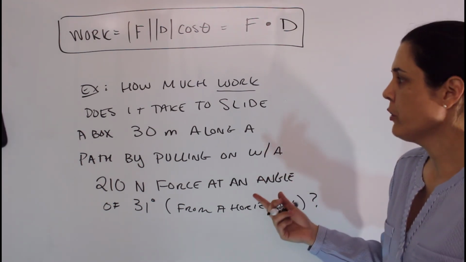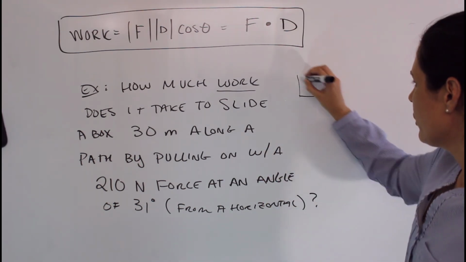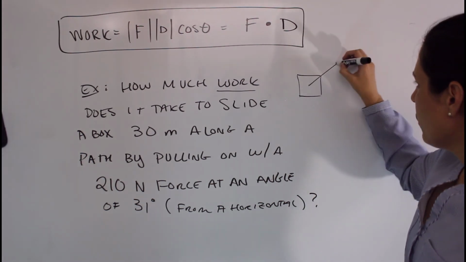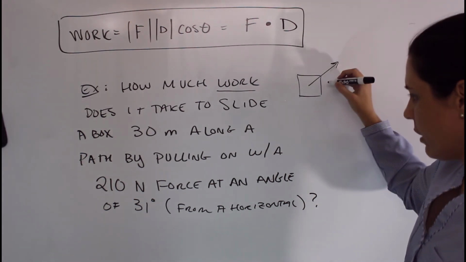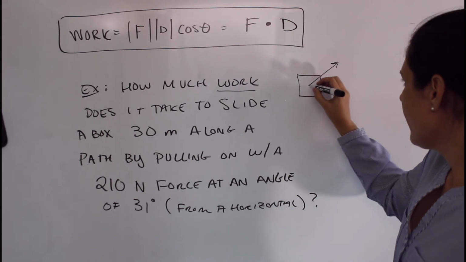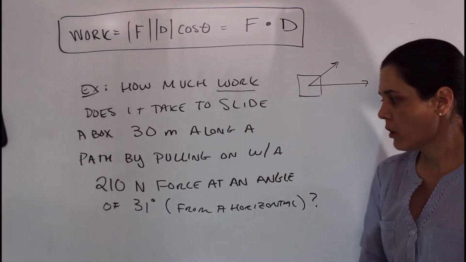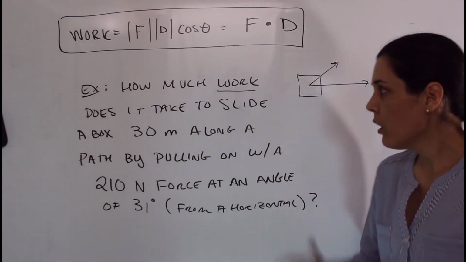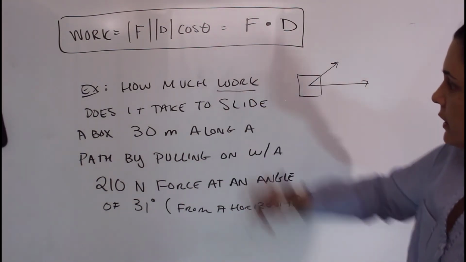So you can draw a picture if you want. It's basically the same picture I was drawing just a minute ago. We're moving this vector, there's a force being applied at a 31 degree angle, and you're moving in a certain direction. Same picture we already saw, but the idea is you basically just need these numbers.